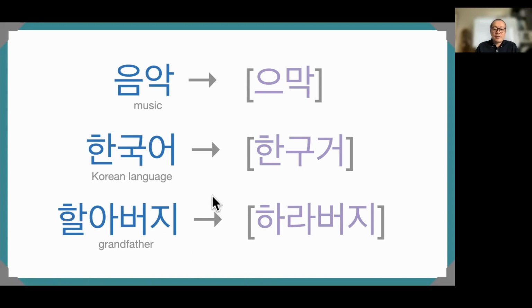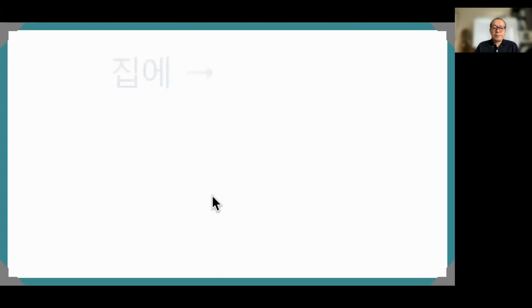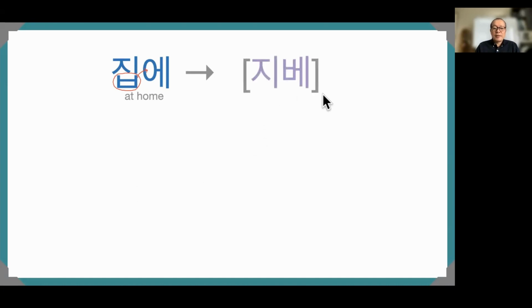Okay, let's practice some more. And here also, this final consonant, this 받침, moves to the next syllable. So this is 집에, 집에. And next one. So this final consonant moves to the next syllable.